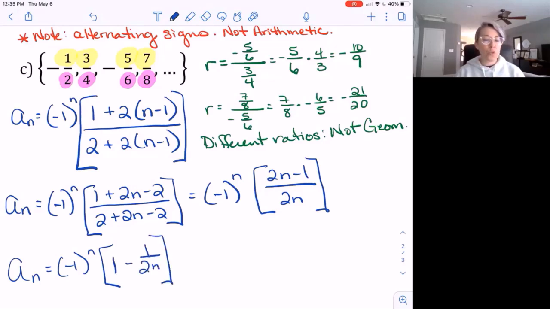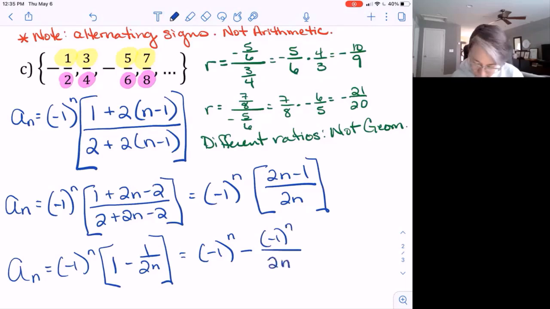We can even distribute that -1 to the n if we wanted to. That would give us -1 to the n minus -1 to the n over 2n, or vice versa. All of those work. This one, this one, this one, all of them are considered explicit formulas for a sub n.